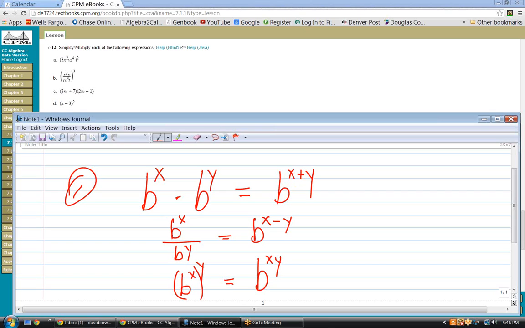When we're dividing the base, we're subtracting the exponents, which I think of as one level less than division. And when we're exponentiating, we're multiplying, which is one level less than exponentiation. So there's the three rules. Let me number them 1, 2, and 3, and then let's look at problem A.